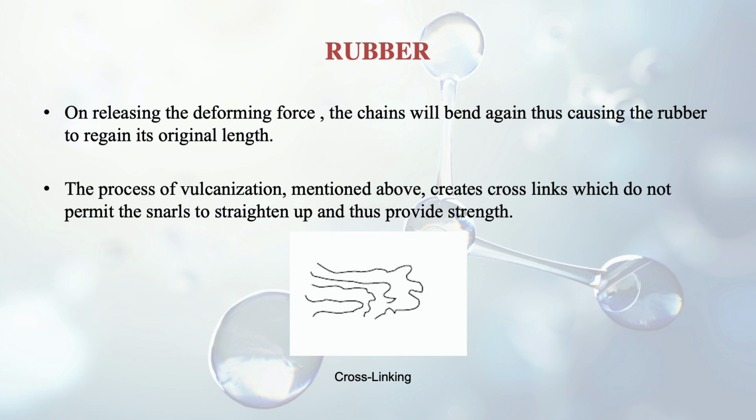But by the process of vulcanization, which we have learnt earlier, cross links are created. Then this straightening up will not go back to its bent form. Whatever force we applied and it is straightened up, it will remain like that because of the cross links that have been created, and this will provide it strength.